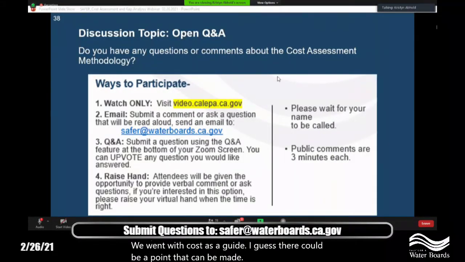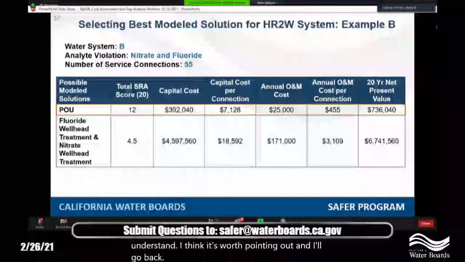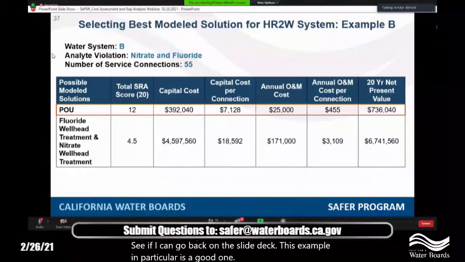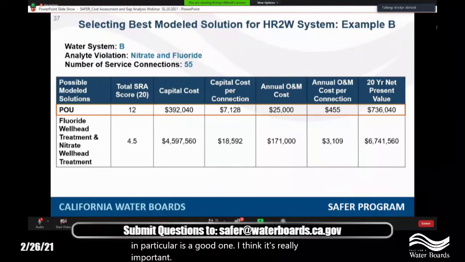I understand. Khalil, I think it's worth pointing out, and I'll go back on the slide deck, this example in particular is a good one. I think it's really important as we're looking at these modeled solutions. Again, this is all a model. It may not truly reflect what the true costs would be at the community level.